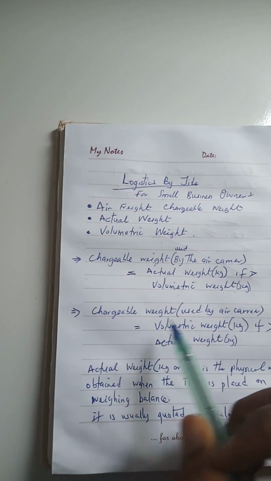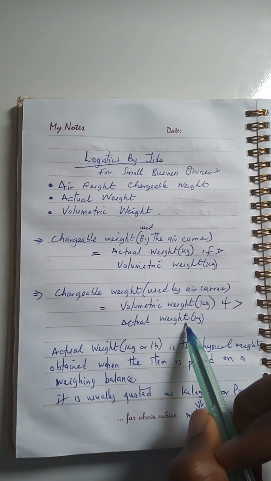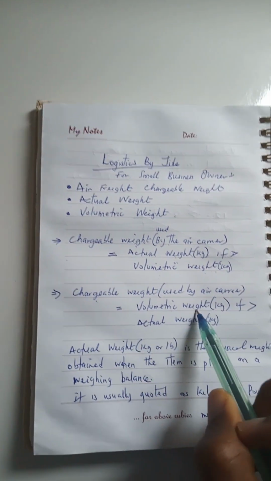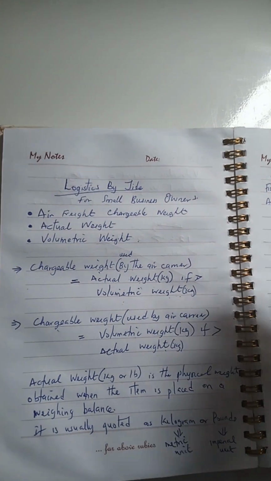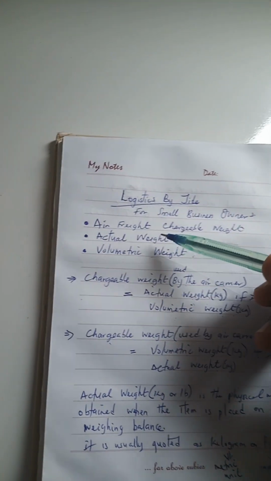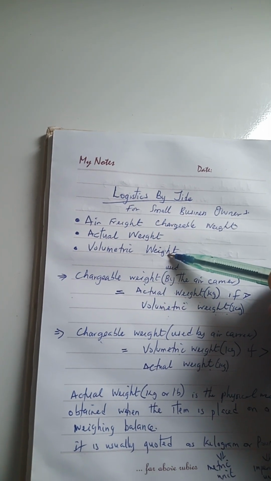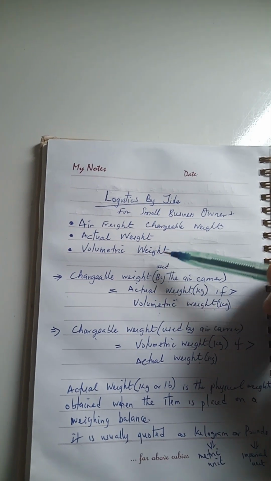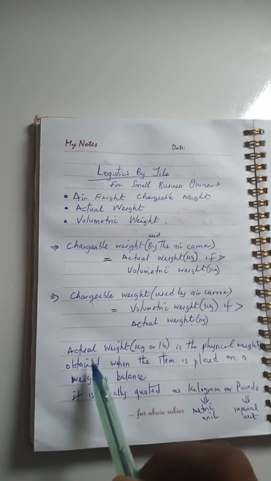At another time, if the volumetric weight of your items is greater than the actual weight, your chargeable weight will be the volumetric weight. So, whichever is greater between your actual weight and your volumetric weight is what will be the chargeable weight of your items.